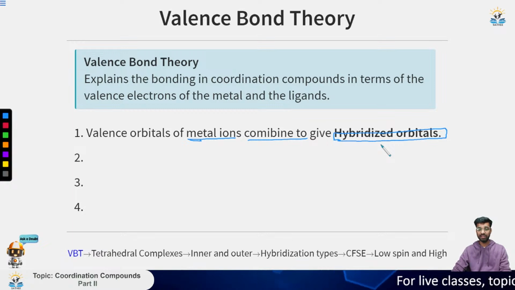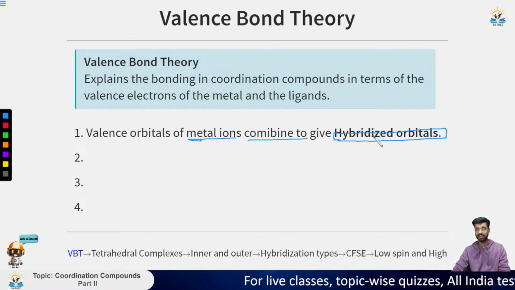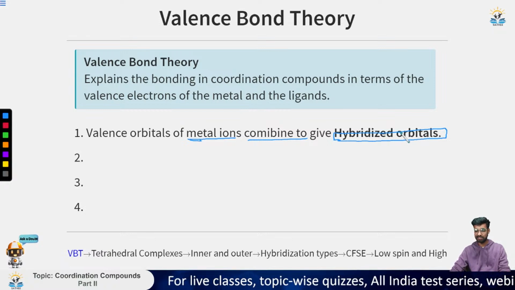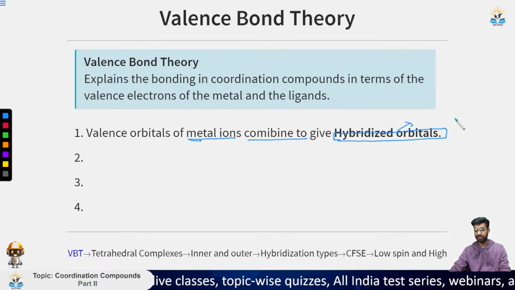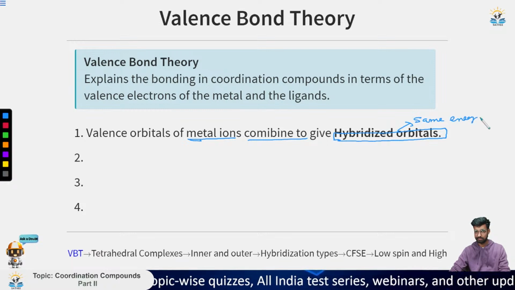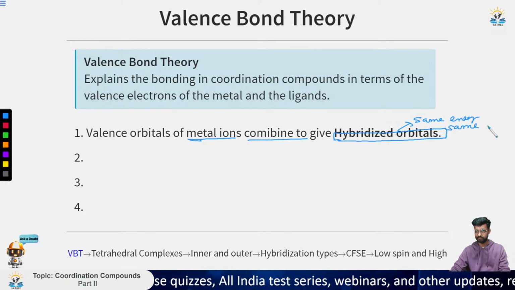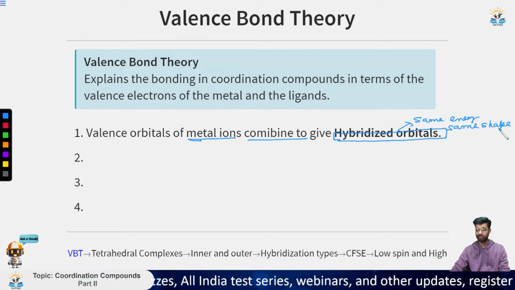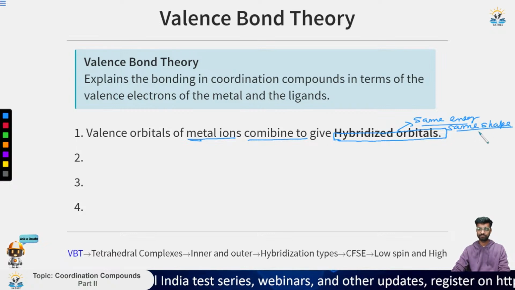Here we take the orbitals present in the valence shell to make hybridized orbitals. What are hybridized orbitals? They are orbitals which have the same energy and the same shape.